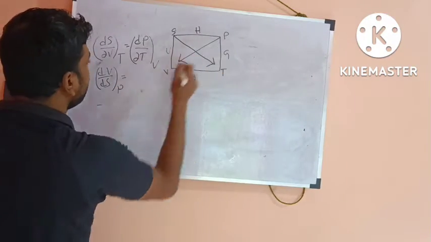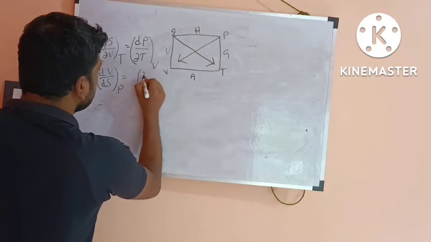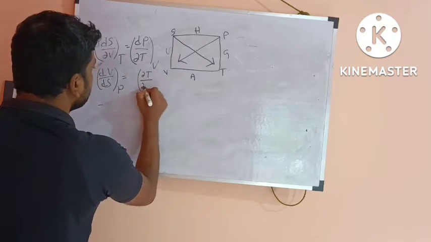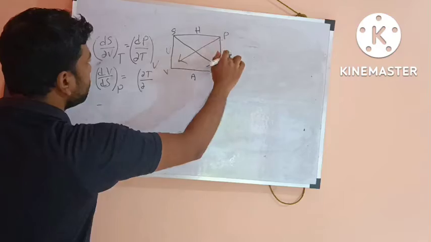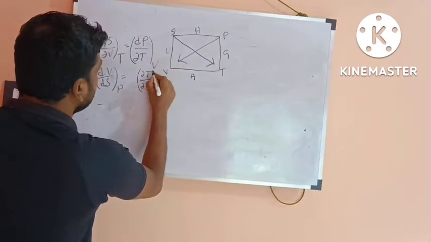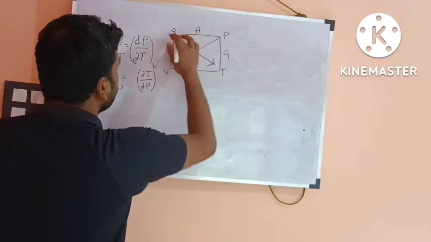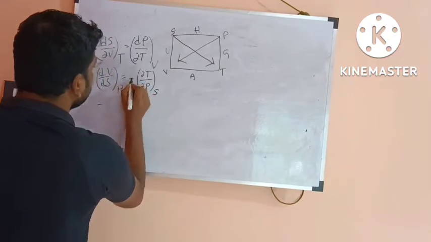Next, del T by del P, here the constant is S, and here it is negative.